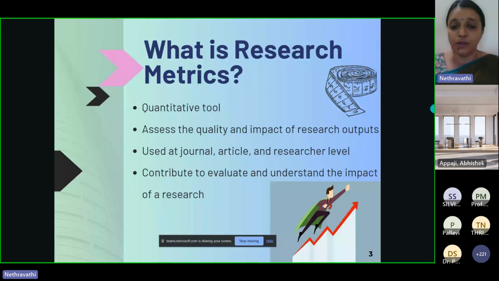It is important to understand the impact of research, or to gauge the quality of research. This is an important tool for measuring the importance, or the quality of research.